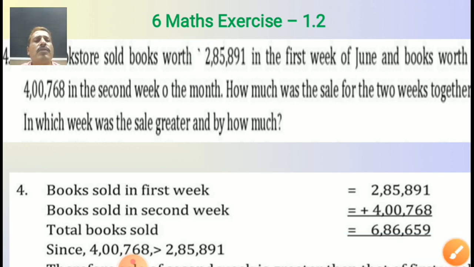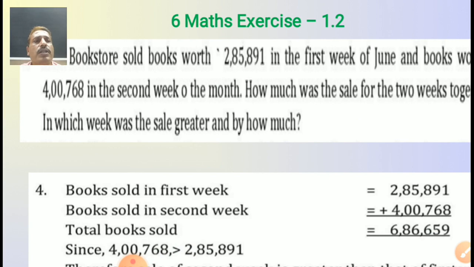Okay. Now look here. This much amount in the first week of June, and books worth this much were sold in the second week of June. How much was the sale for the 2 weeks together?